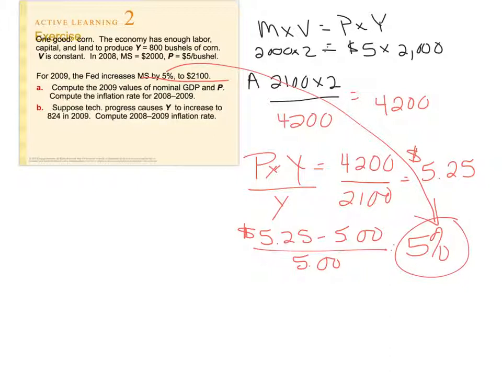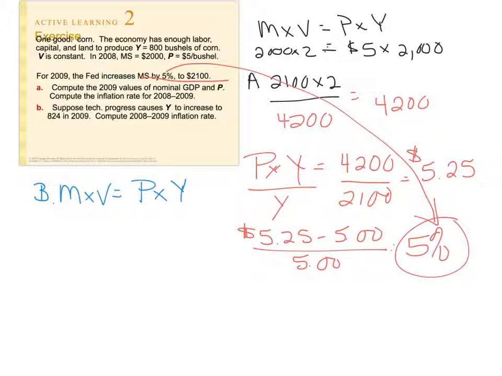Second part of this says suppose technological progress causes GDP to increase to 824, or a 3% increase. So if that happens, then we can say, okay, money supply times velocity equals price times real GDP.